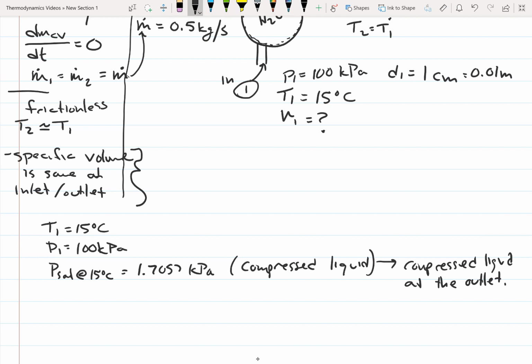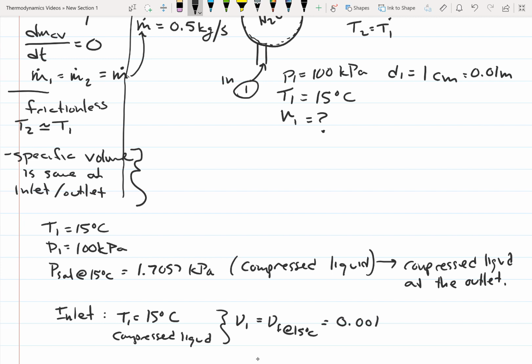So we're going to say at the inlet, T1 is equal to 15 degrees Celsius, and we know that it's a compressed liquid. So we're going to say that the specific volume is equal to the specific volume of a saturated liquid at 15 degrees Celsius, which is equal to 0.001001 meters cubed per kilogram.